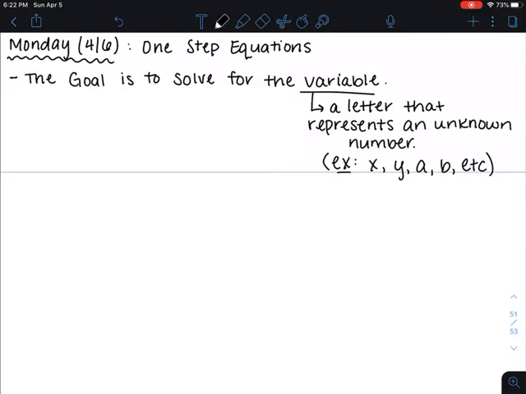So a lot of times you'll have X, Y, A, B. It can be any letter in the alphabet, okay? It's just some letter. It represents an unknown number.